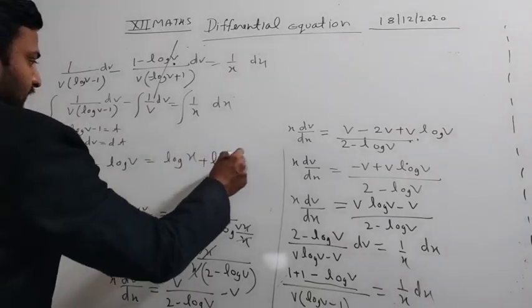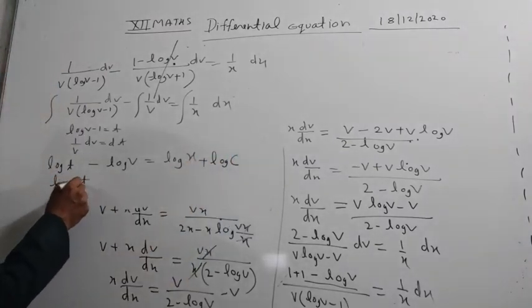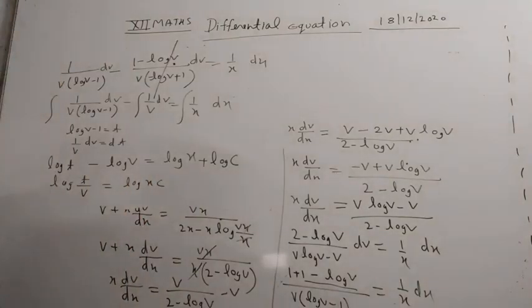Here log of c, and this is log t by v is log x c. Okay student, now t by v, now we will put the value of t which we have let, and here log and log will remove from here.